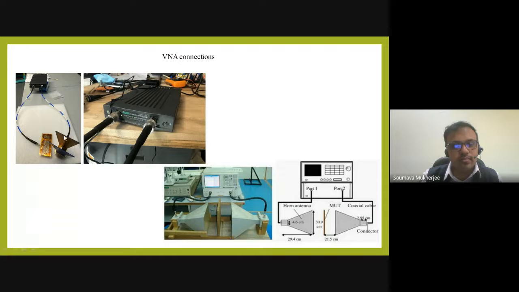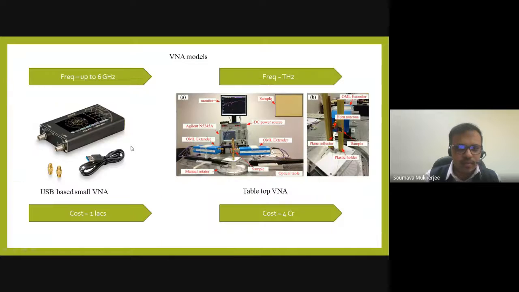Although not low cost in the sense that this one is 20 lakhs, and this one is around 3 lakhs. So that way it is much less costly, but still you can't buy it directly in your market. As advancement goes on, we will see more compact forms of VNA, and just like a multimeter, probably one day we will be able to measure these things.